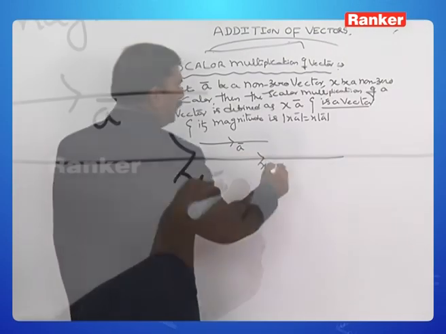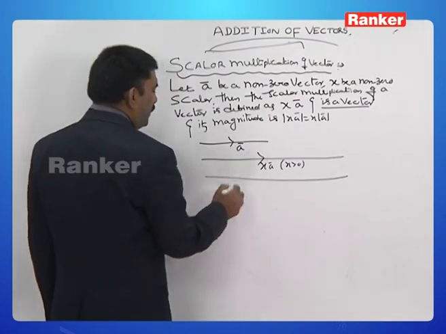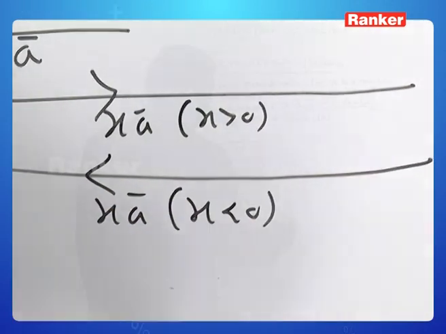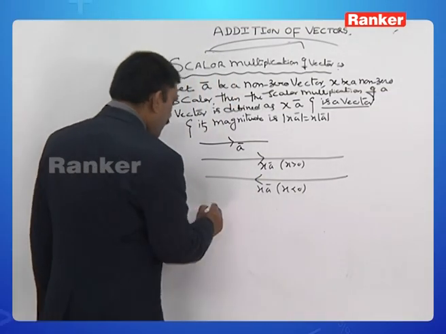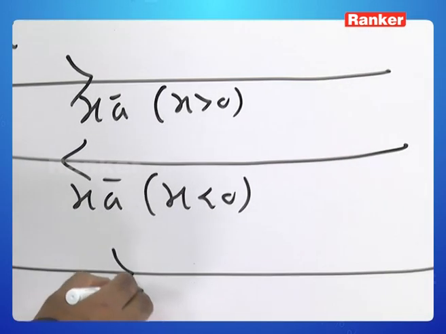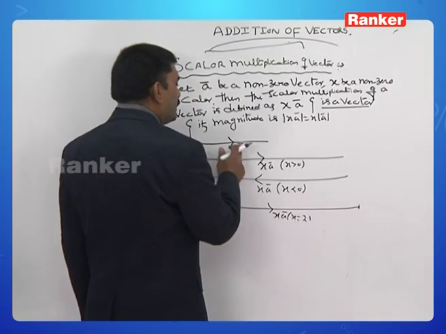So therefore here x is positive. I can also go for this, xa bar, where x is negative. Now this is nothing but xa bar, where x is equal to 2. It is twice this vector.